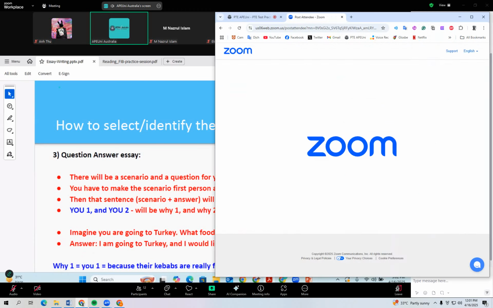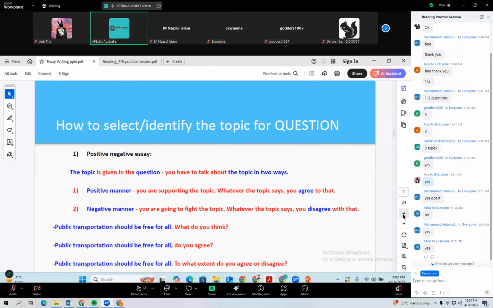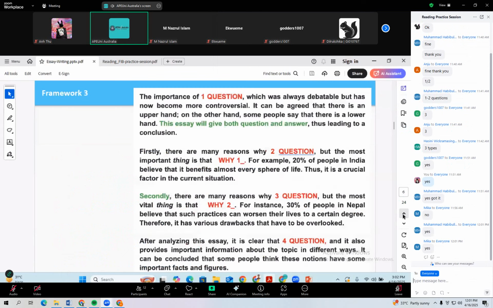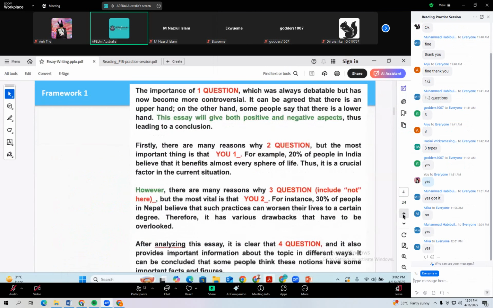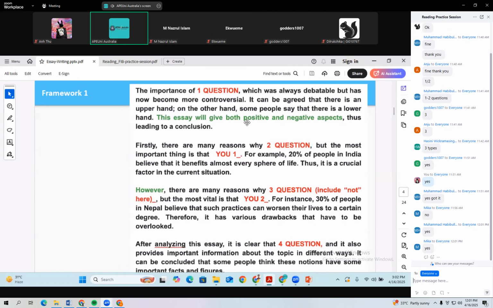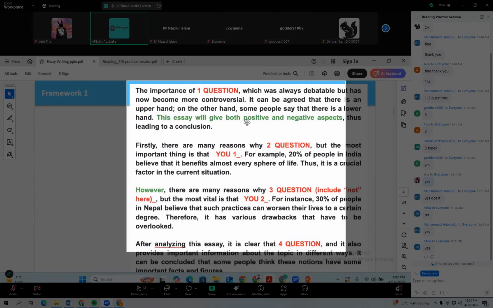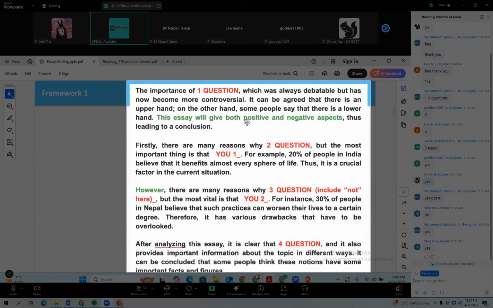Before going there, let me show you the framework for essay writing. Okay, so here is your framework one. That means it's for what? Positive and negative essay.